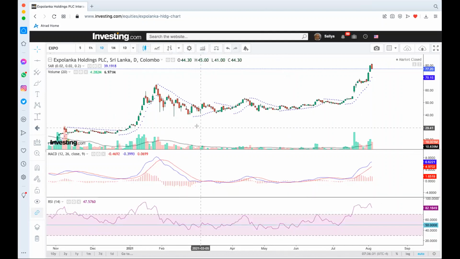Right, now you can see the parabolic dot appeared here, but the MACD didn't confirm, right? So the parabolic dots are moving below the prices over here. At the same time, even the RSI is not giving us a confirmation because it's also going sideways. Then the next important thing, as I mentioned, is the volume.